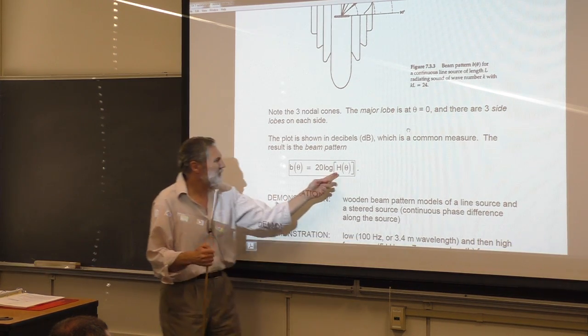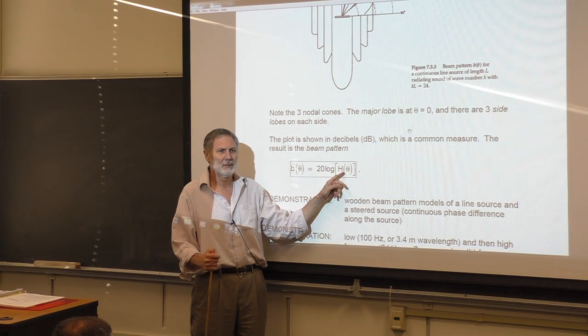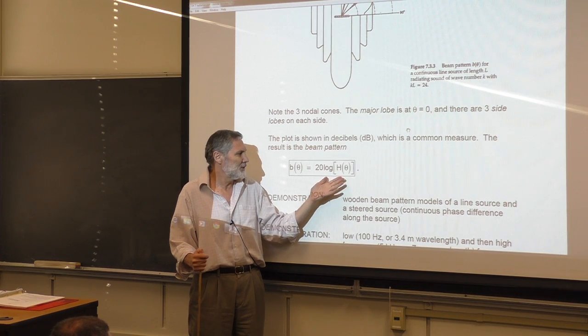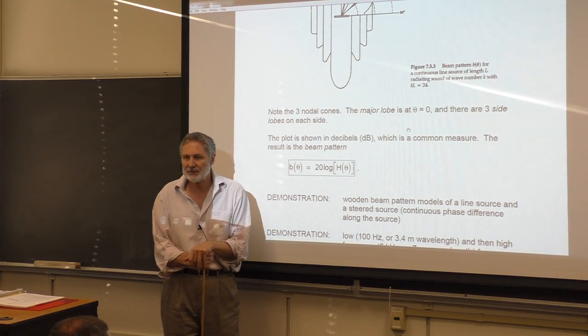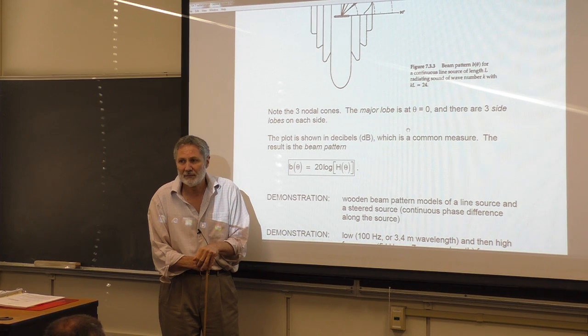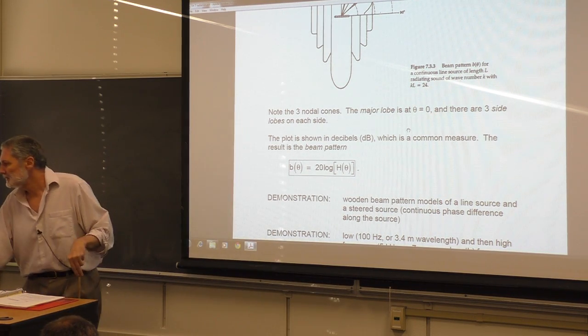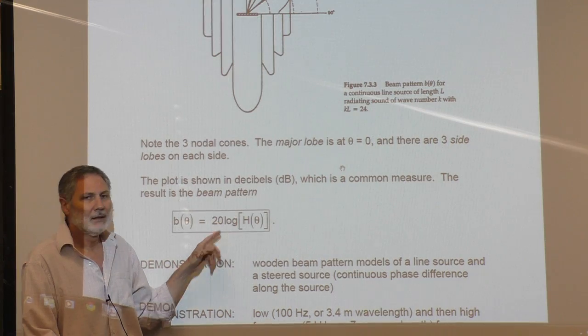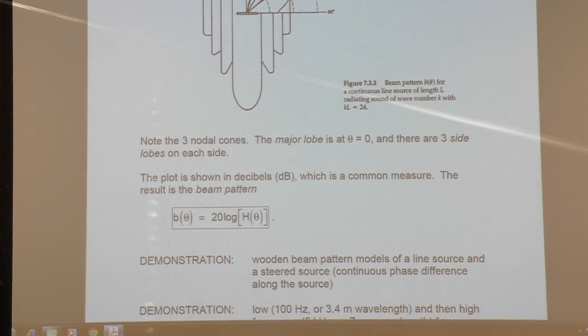So what about the reference level? Well, this is a dimensionless number, and by convention, it's 1 at 0. So it's built in. Don't have to worry about it. Oh, why is it 20? Why is it not 10? Anybody?